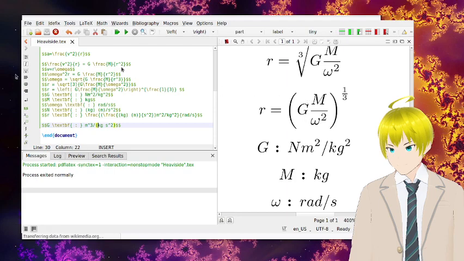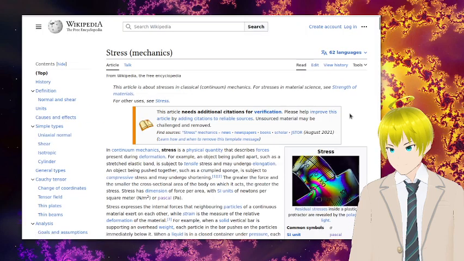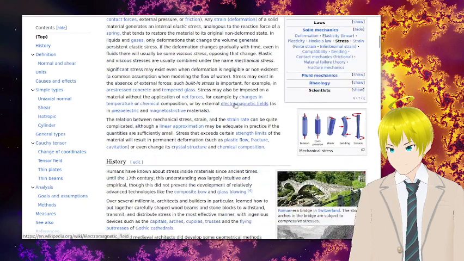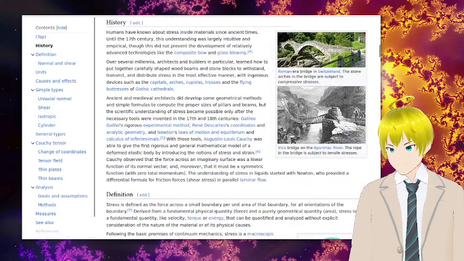The units are pascals, yeah. So stress is force per unit area. That's what a pascal is. You can do the dimensional analysis here. This is going to be newtons per meter squared over here. Yeah, so it's like a pressure almost.